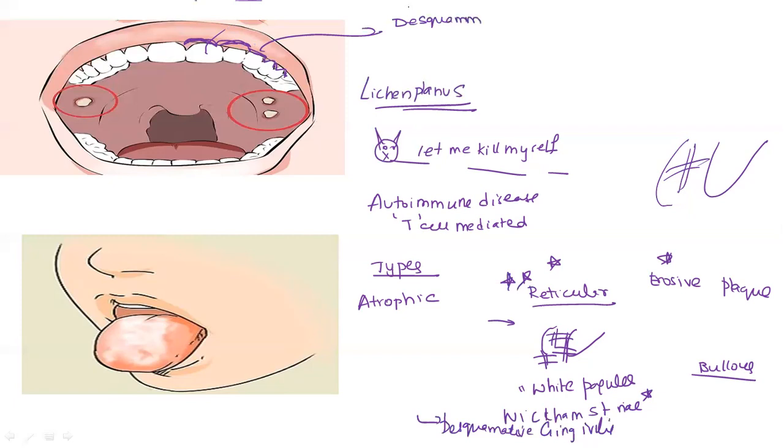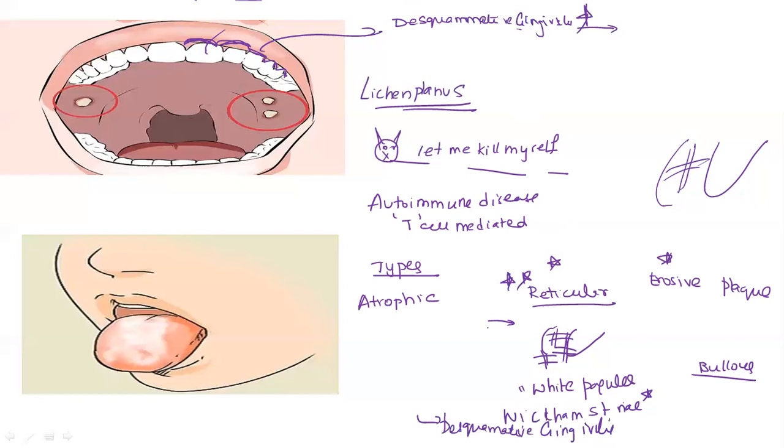I'm telling that lichen planus can cause desquamative gingivitis. But this is not restricted only to lichen planus. Desquamative gingivitis can be seen in pemphigoid, can be seen in other diseases. So this can also be seen in lichen planus, but you can't say that desquamative gingivitis can only be seen in lichen planus. It can be seen in other diseases also.